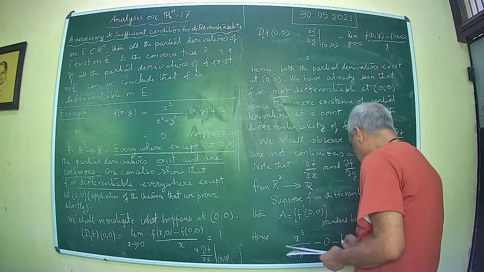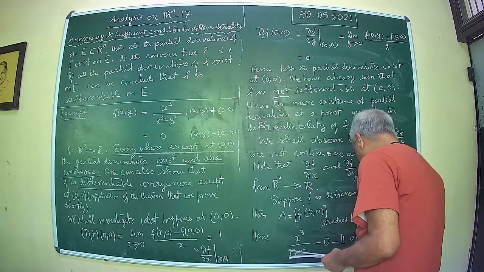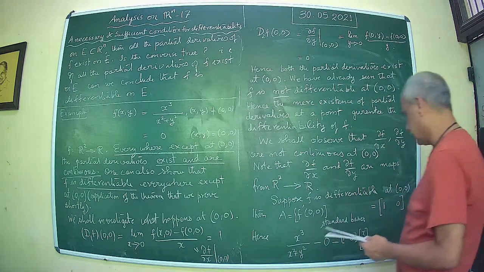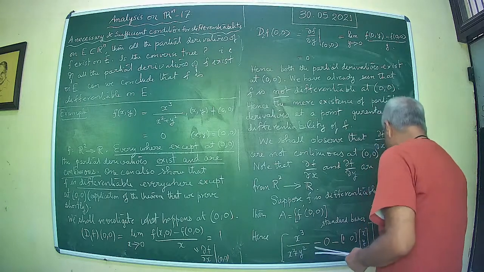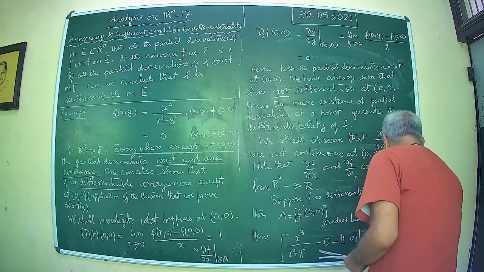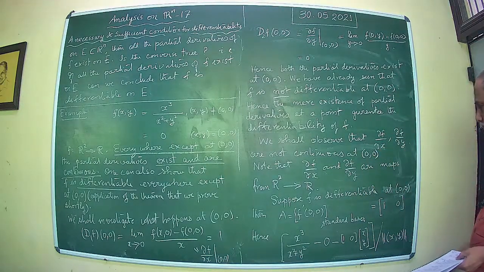minus 1, 0 working on xy. We will estimate this. Look at this, divided by the norm of h. Okay. Let us investigate this.